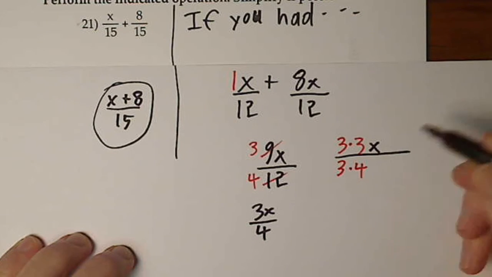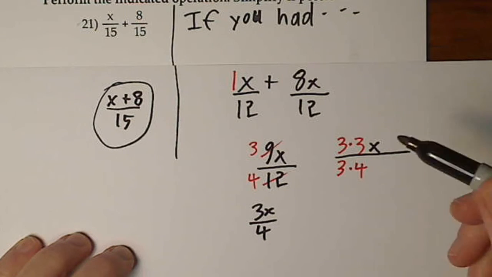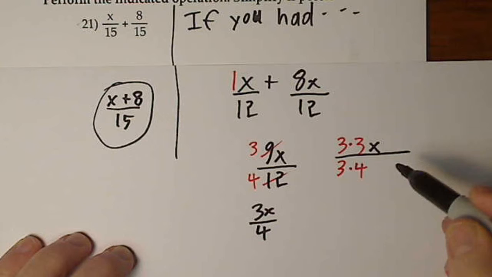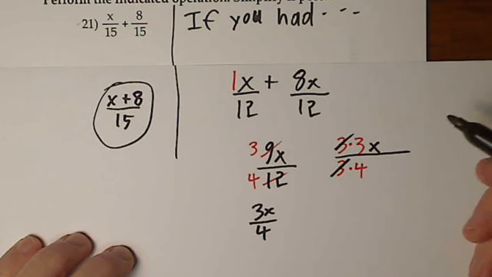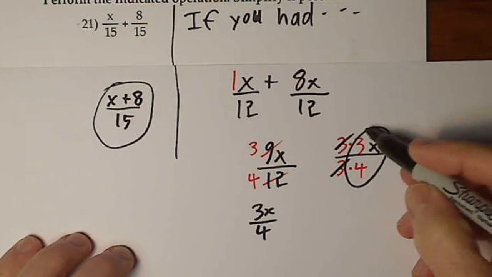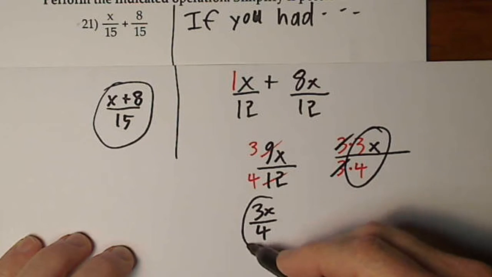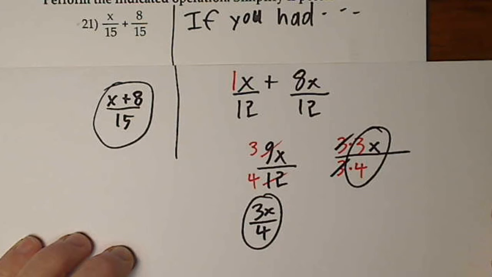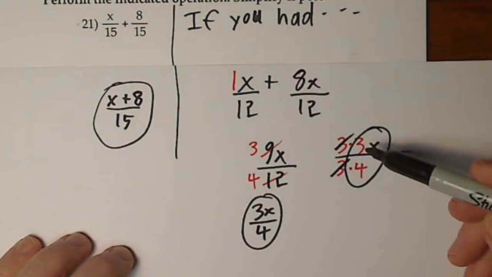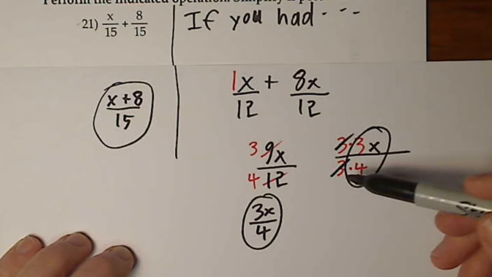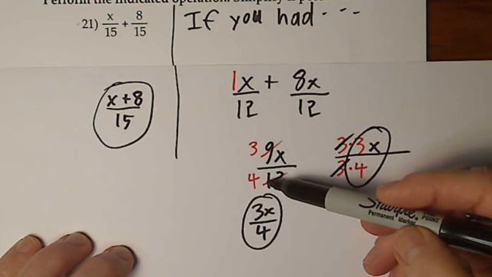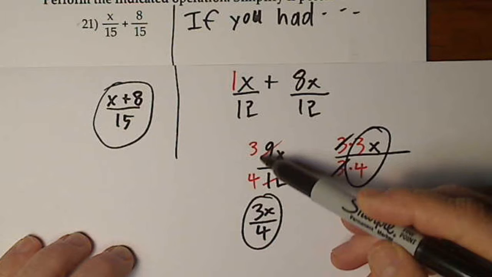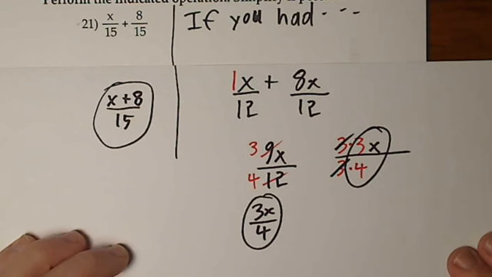And my x is sitting here. Okay, so all we really did was cancel common factors of 3 and 3. And that left us with 3x over 4. So what we're really technically doing is canceling common factors, but usually we just say divide by the same factor. It's just easier to write and to think of that way. Okay?